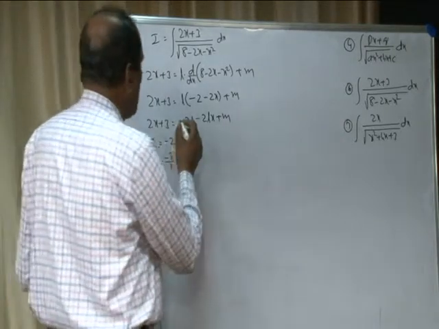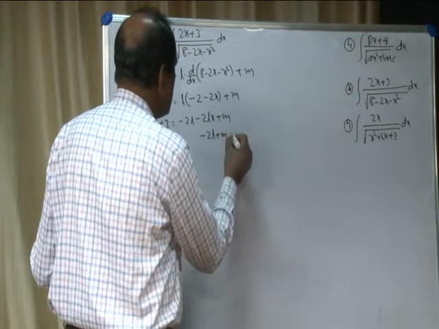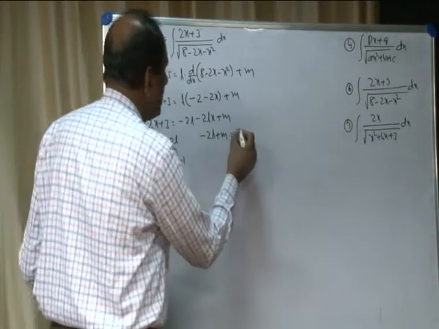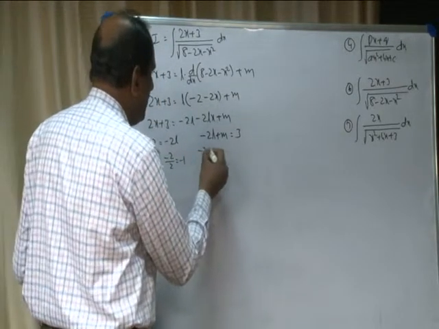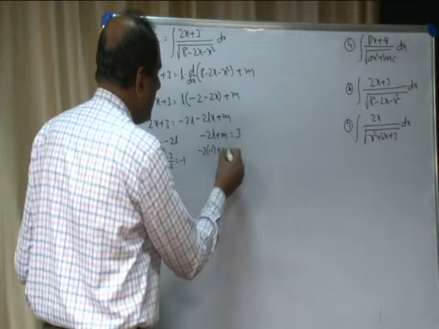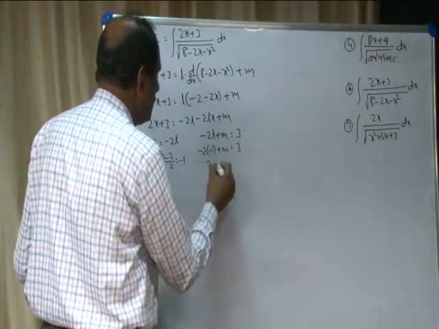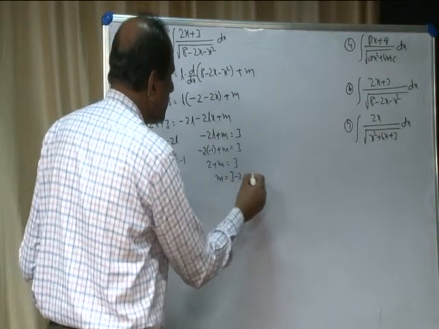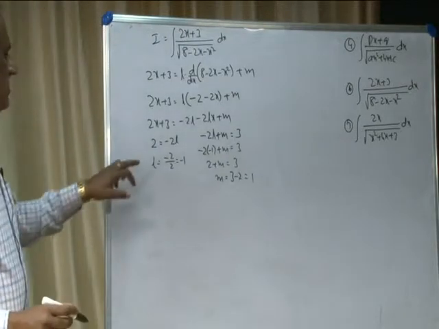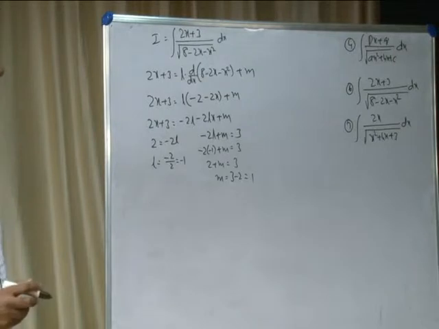Now the constants: minus 2L plus m equate to the constant on the LHS, that is 3. Minus 2 into minus 1 plus m is equal to 3. So plus 2 plus m is equal to 3, m is equal to 3 minus 2, that is 1. So we got the values, L is equal to minus 1, m is equal to 1.